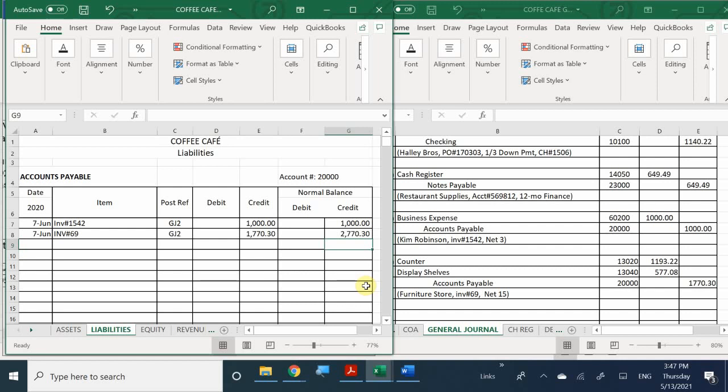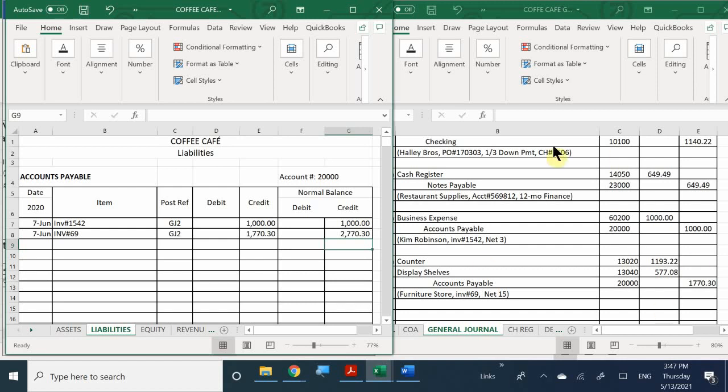So here, because I made an entry that I am increasing the amount that I owe because I received a bill and I didn't make a payment to it, it's increasing my accounts payable on the credit side, because credits increase your liabilities while debits decrease the liability. So if I make a payment, it's going to decrease my account.